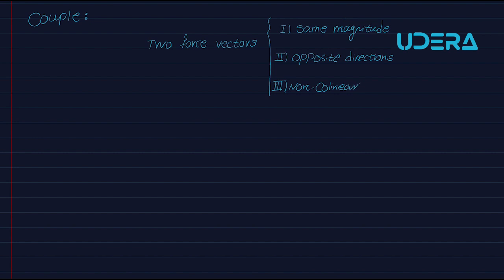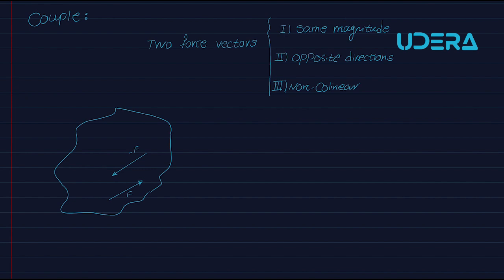Now I'm going to apply these three conditions on this arbitrary shape. So if it is a rigid body, this is a pair of two force vectors. This is F and this is minus F, because based on the second condition, they must be in opposite directions.